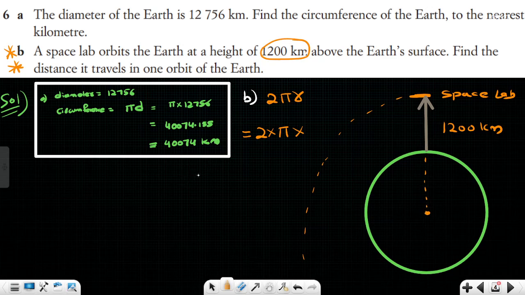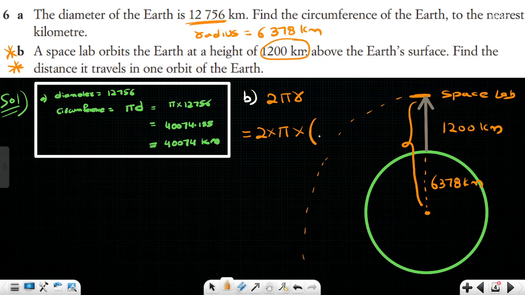They have given diameter as 12,756, right? Therefore, radius will become 12,756 divided by 2, 6,378 kilometers. Now this will be the total radius for the space lab.